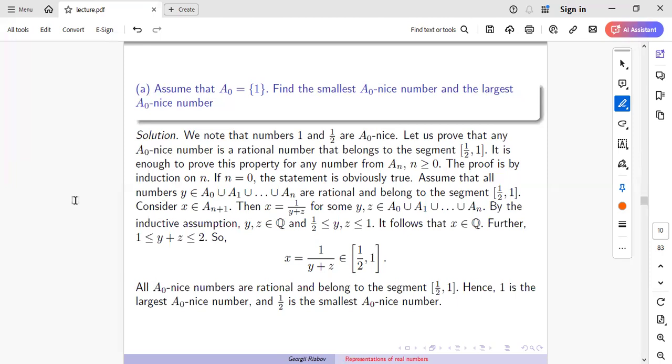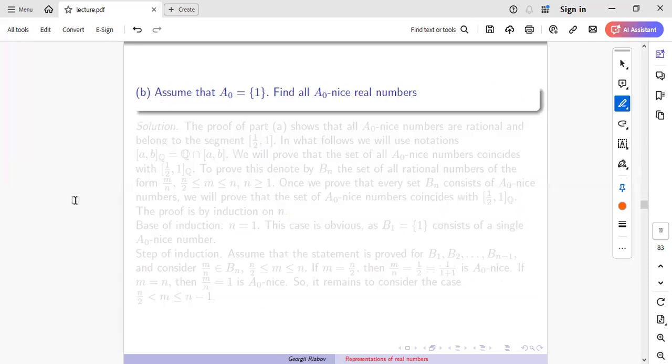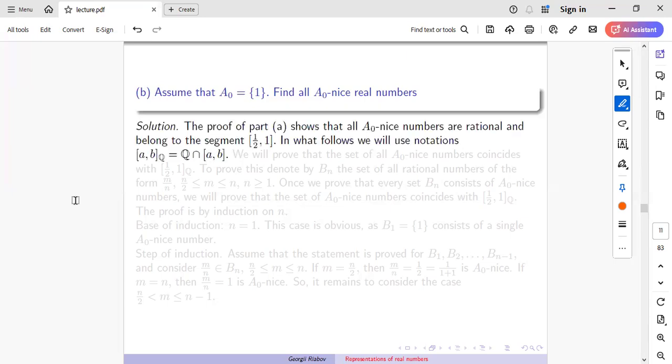Okay. The second question is more complicated. And I suggest to find actually all possible A0 nice numbers. In the first question, we saw that all A0 nice numbers are rational and belong to the segment 1/2 to 1.